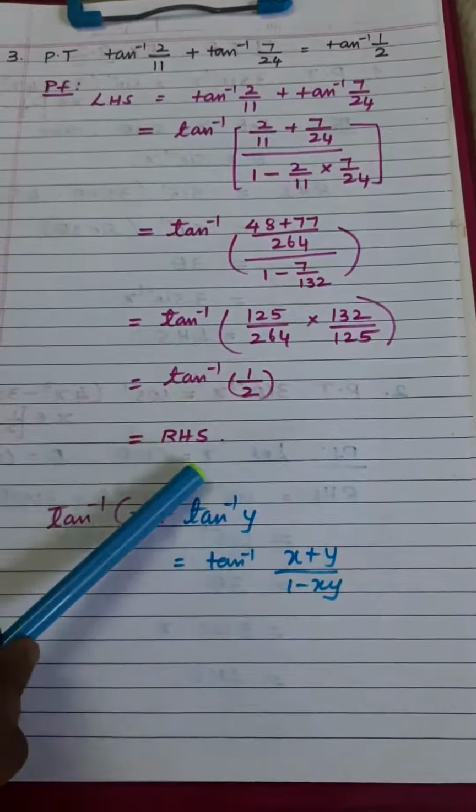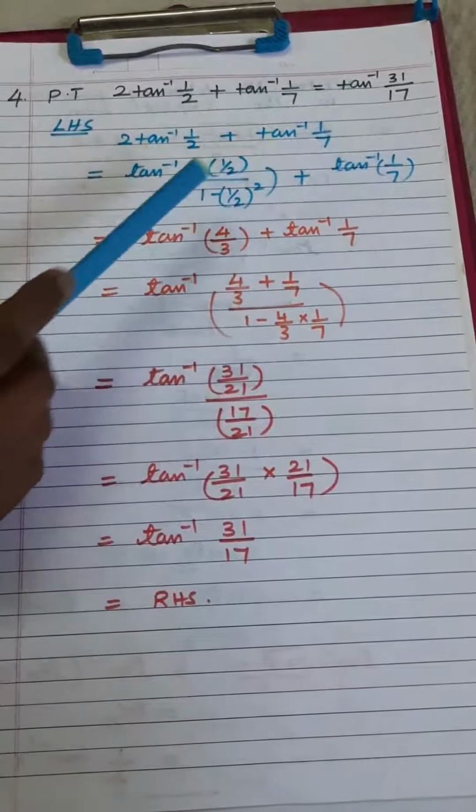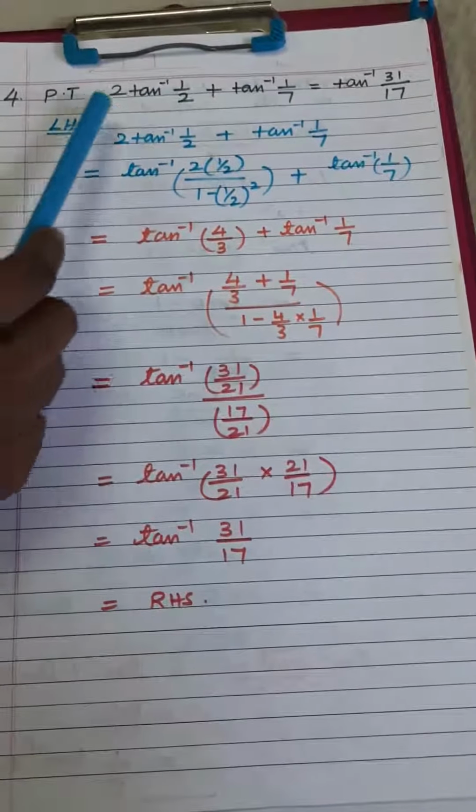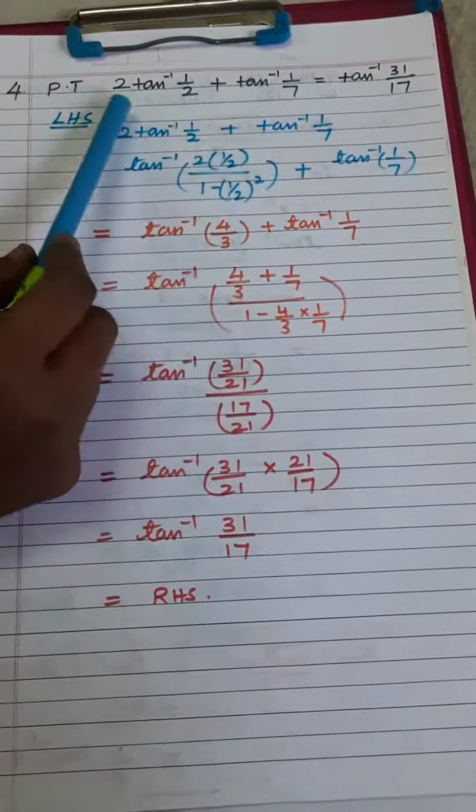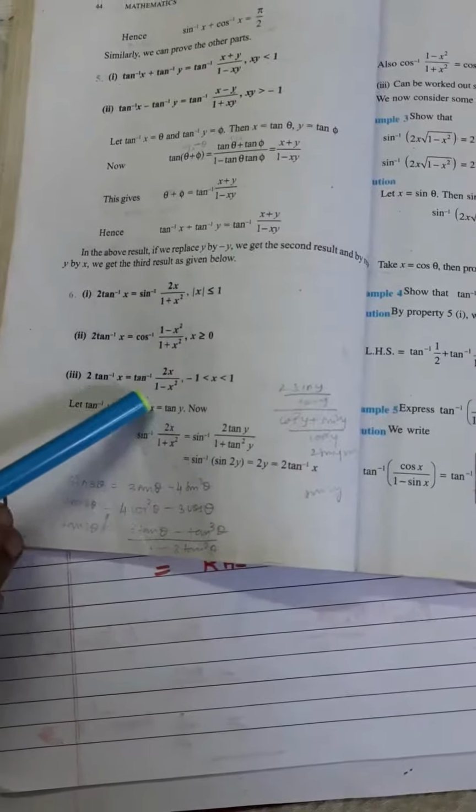Fourth problem. 2 tan inverse 1 by 2 plus tan inverse 1 by 7 equals tan inverse 31 by 70. We don't have the formula for 2 tan inverse plus tan inverse. So we know the formula for 2 tan inverse x. There are 3 formulae: 2 tan inverse in terms of sin inverse, in terms of cos inverse, and in terms of tan inverse.